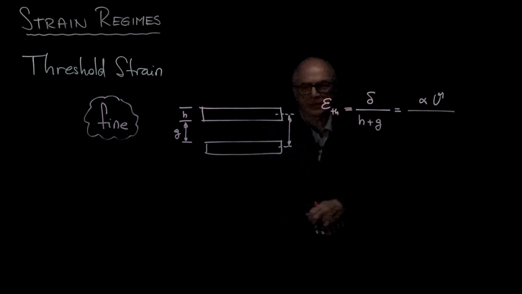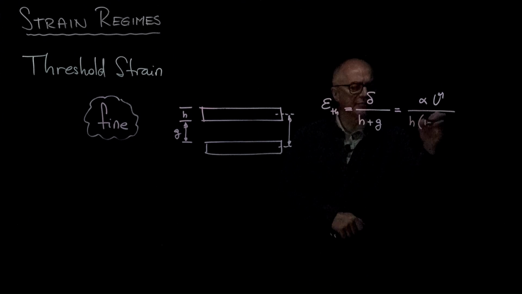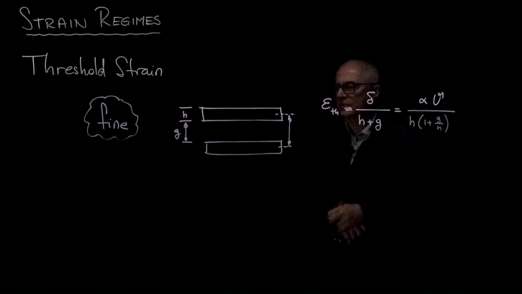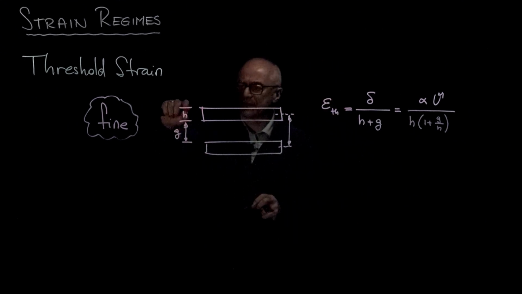Now, what about the lower part? Well, let's factor h, and so if we factor h out, this is h times (1 plus g over h). And what is g over h? It is the gap divided by the height.